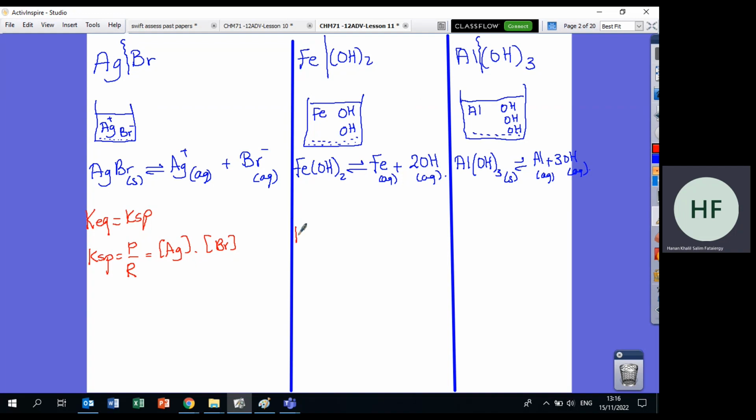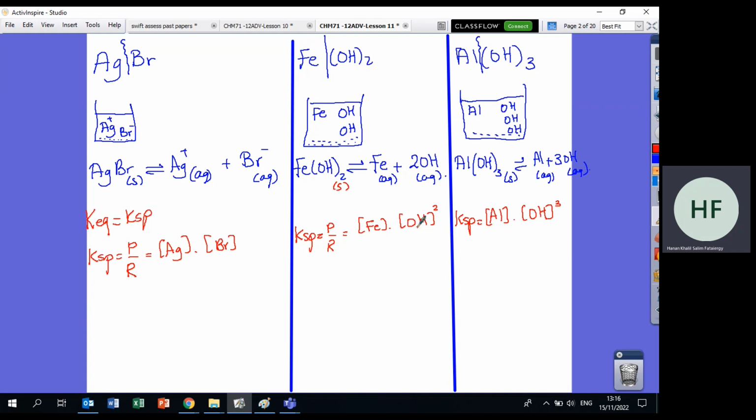Now here, Ksp will also be products over reactants. I will say Fe times OH, with the coefficient as a power, over 1 also, because this is solid. And here Ksp will be Al times OH, and this 3 will be the power.